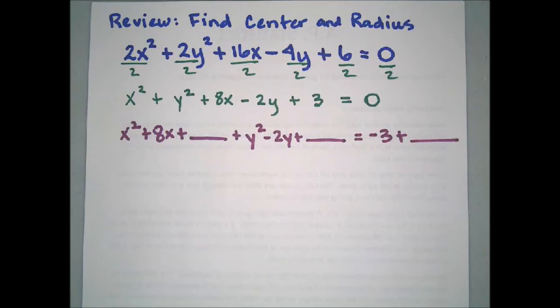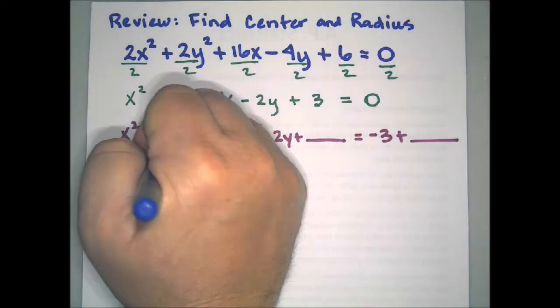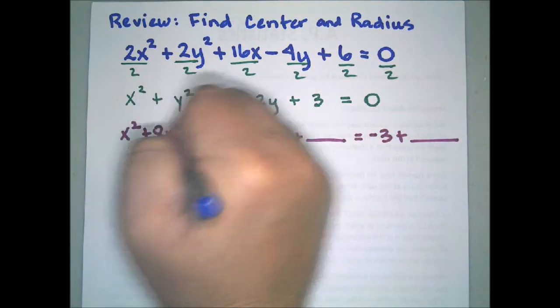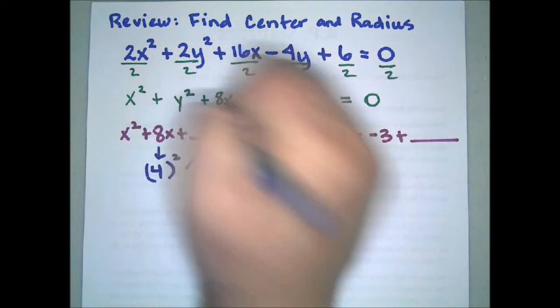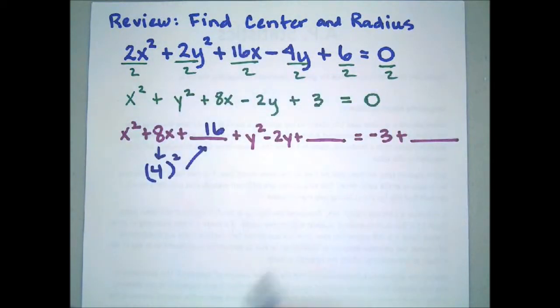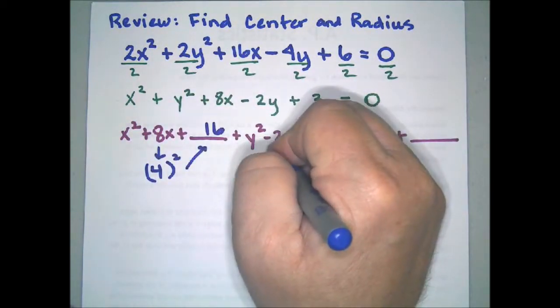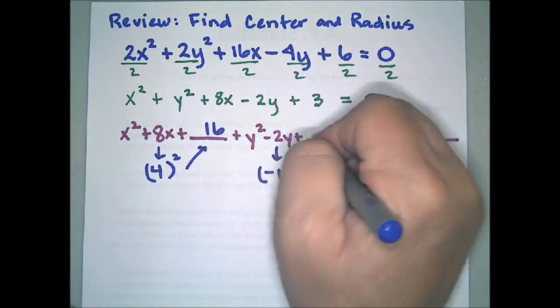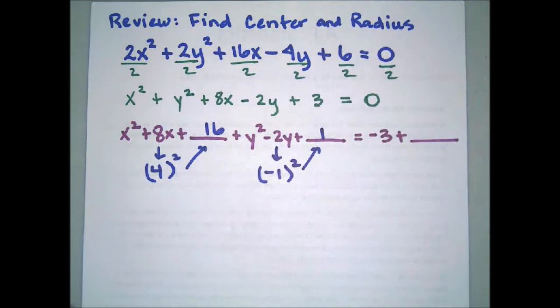So now, let's figure out what that is. I'm going to take half of that 8, and it becomes a 4, but then you square it, and it becomes 16. I'm going to take half that negative 2, which is negative 1, and square it, and it becomes positive 1.